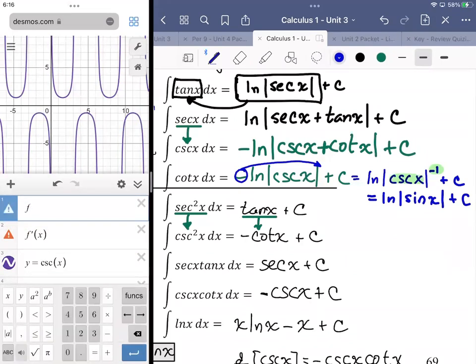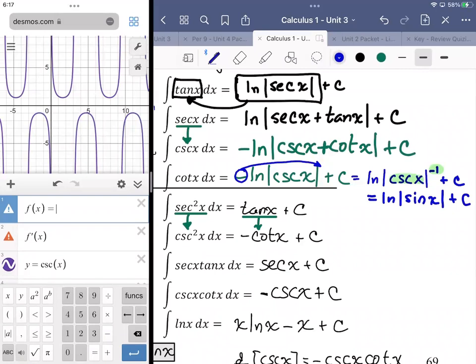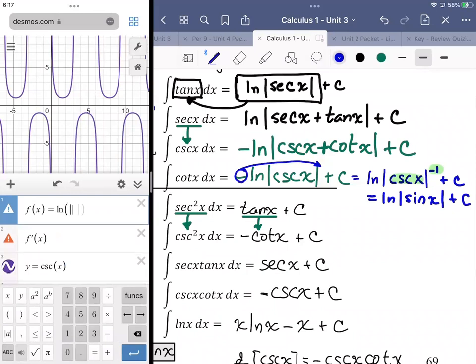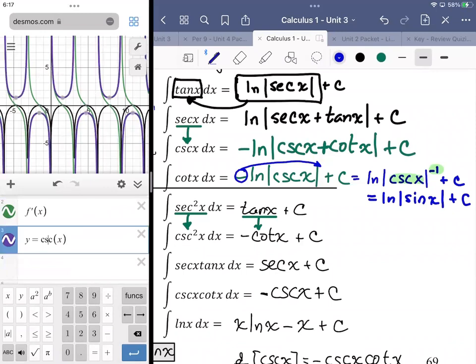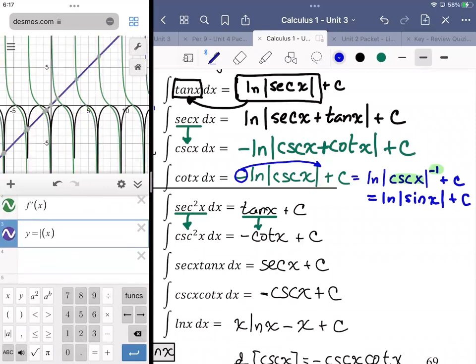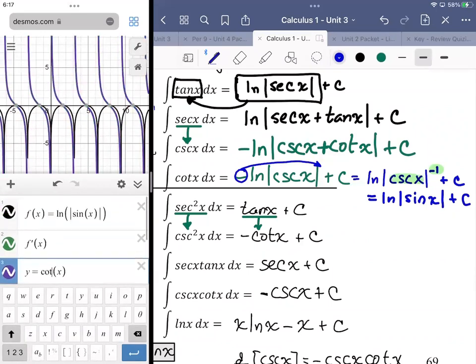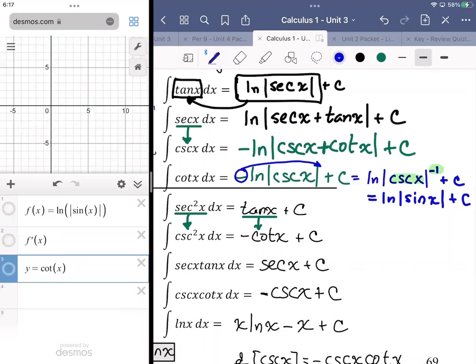F of x, all right, so ln parentheses absolute value of sine of x, a funky looking graph right there, but that should be equivalent to cotangent of x. All right, so cotangent of x, turn off the original function. These two graphs should map to the same location, and they do.